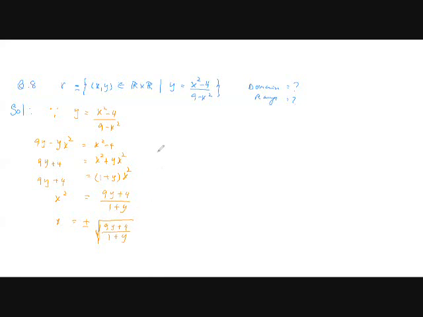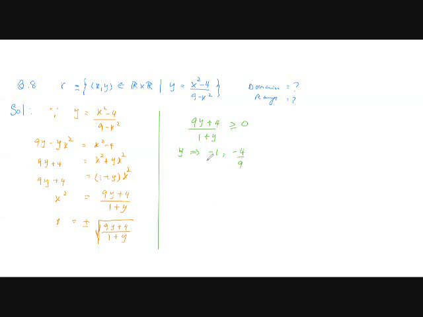From this, (9y plus 4) over (1 plus y) has to be greater than or equal to 0, right? From this we can get the key numbers. y is negative 1, and this one is going to be minus 4 over 9.